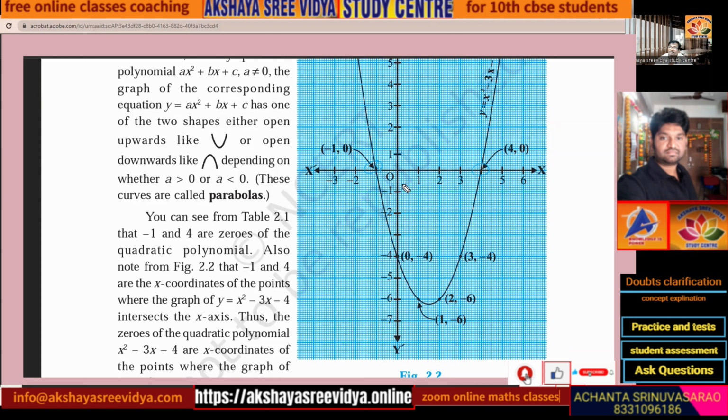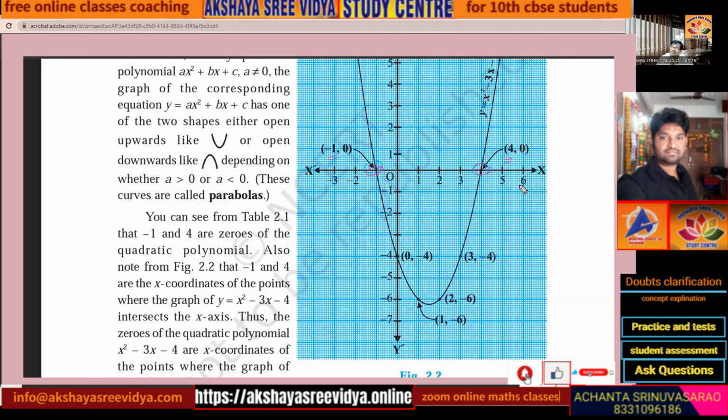This is the 0 of the polynomial. This one is the 0 of the polynomial. And -1 and 4 are the zeros of the above quadratic polynomial.